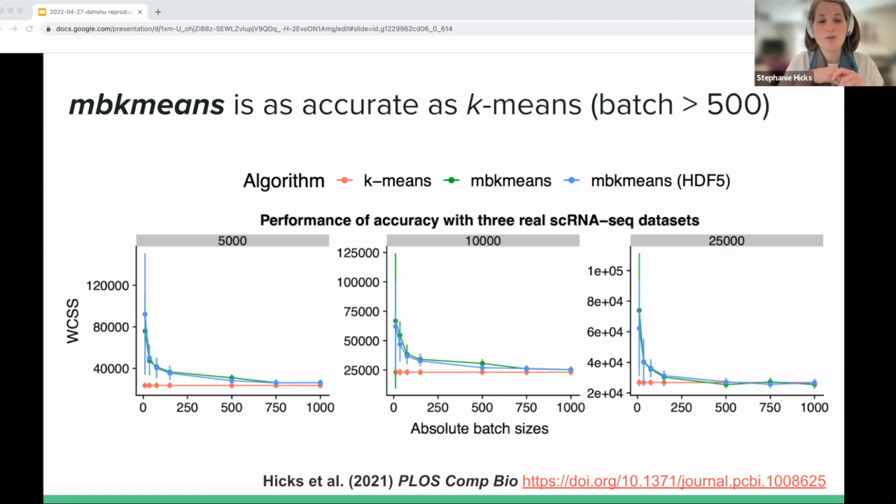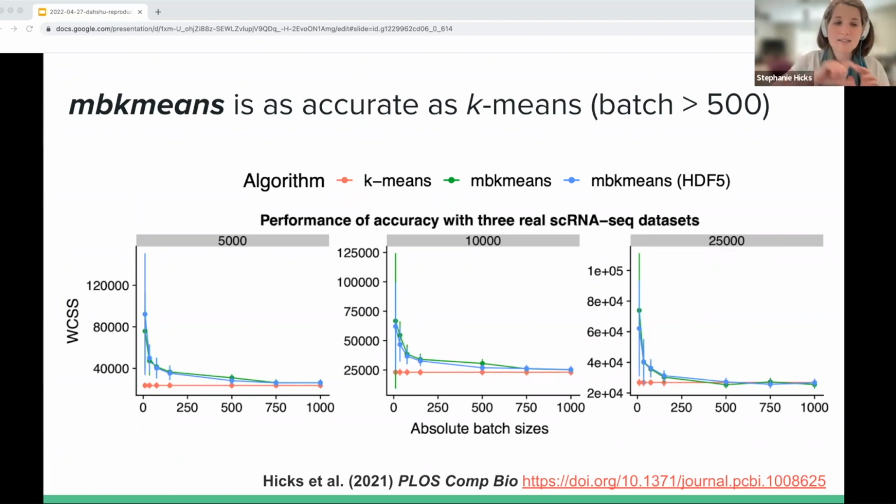Here I'm showing you 3 different data set sizes, starting on the left with 5,000 observations, in the middle with 10,000 observations, and on the right with 25,000 observations. On the x-axis, I'm showing you absolute batch sizes, for example 100 observations, 500, 750, or 1,000 observations while running mini-batch k-means.